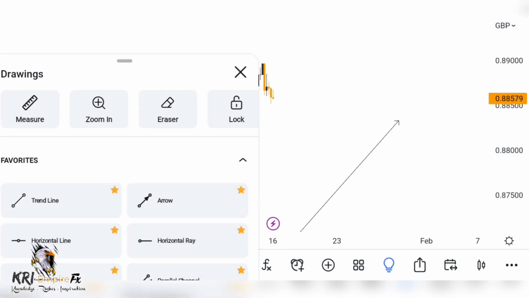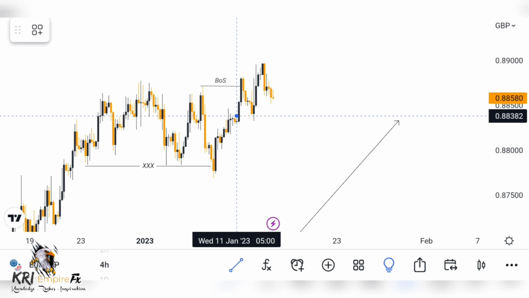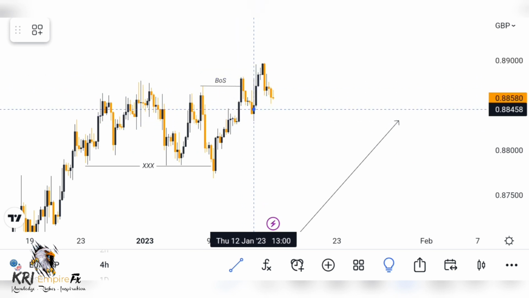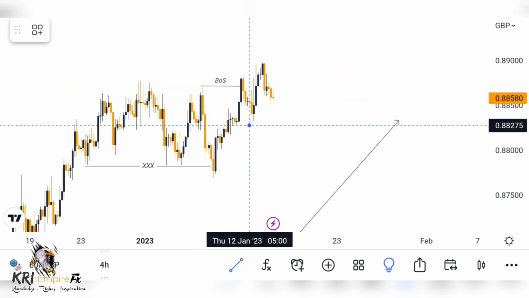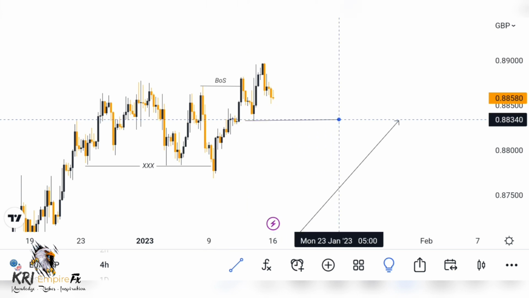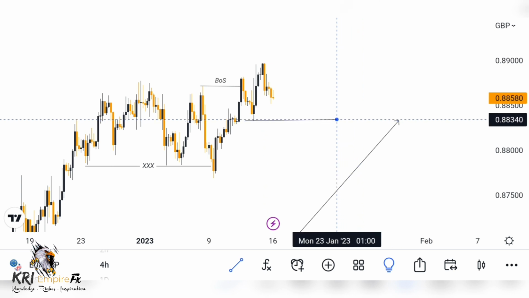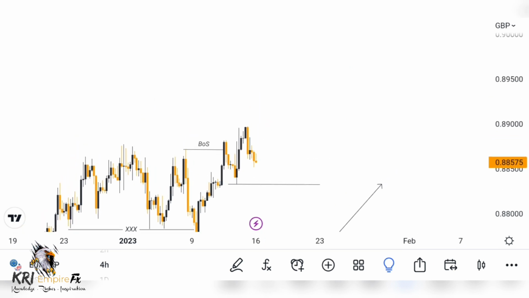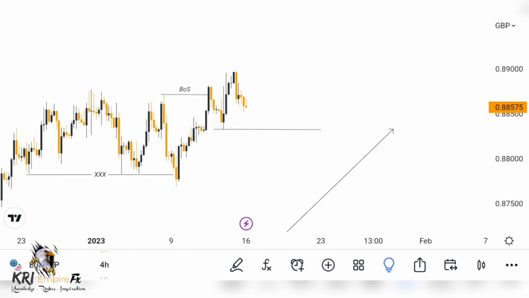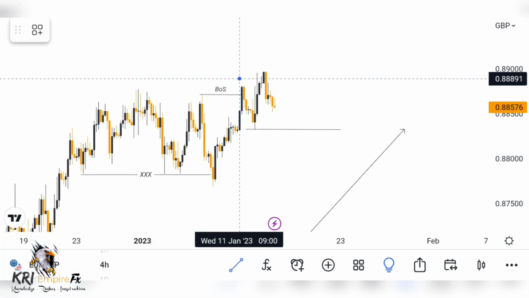And as it was moving up to break that structure, you can see that it was creating liquidity as it was moving up. Sometimes you can mark this area as your trap move, because other smart money traders will tell you that this is a break of structure.